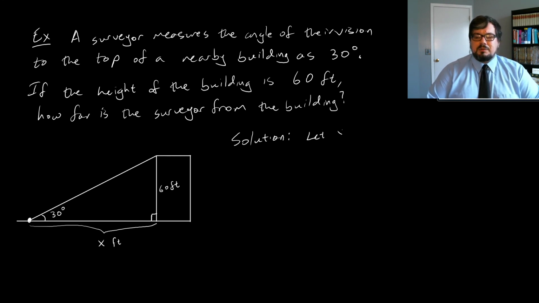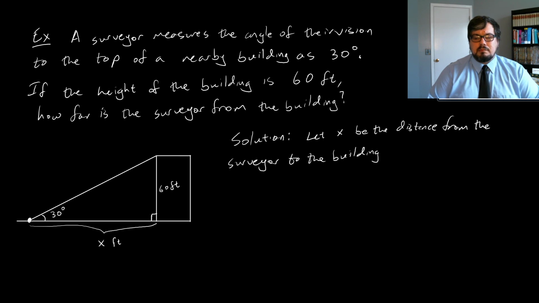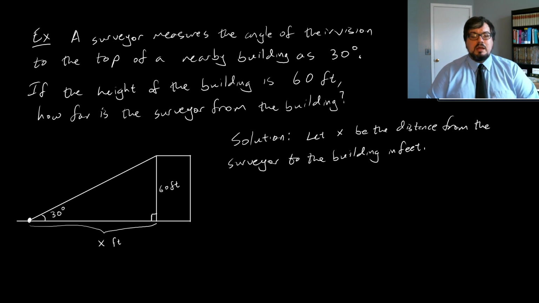So first of all, we want to say let x be the distance from the surveyor to the building in feet. And now we want to figure out what x is, and here's where the trigonometric functions can help.